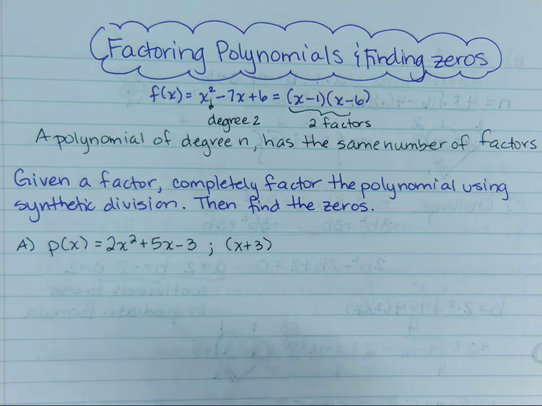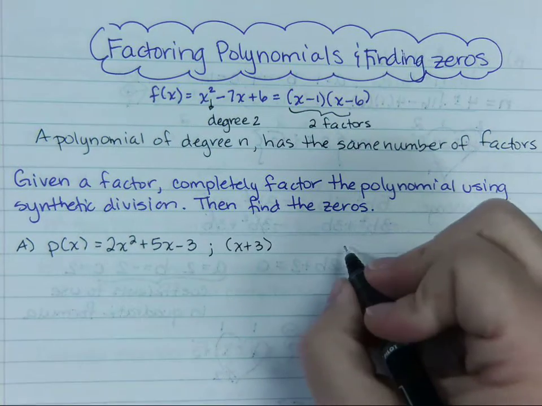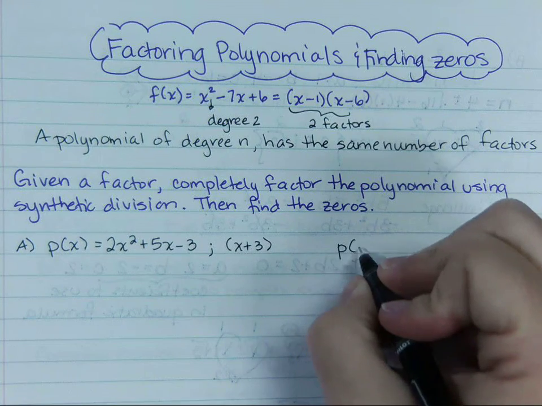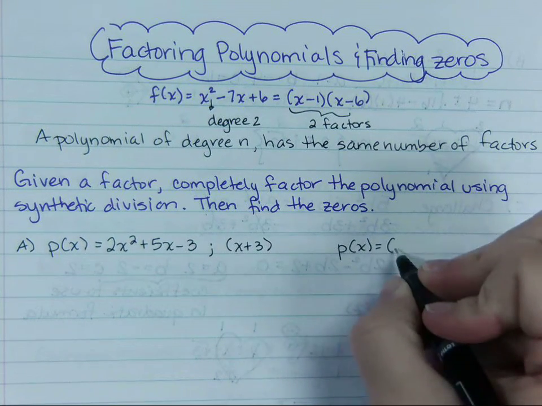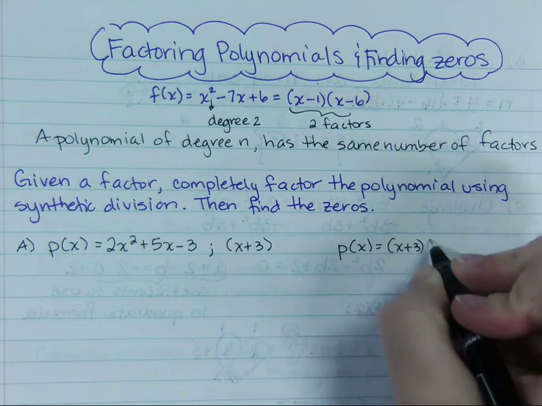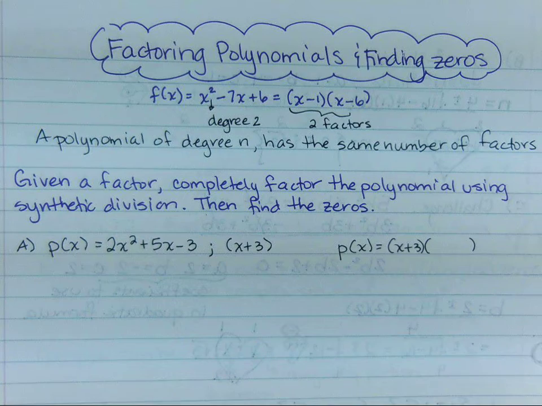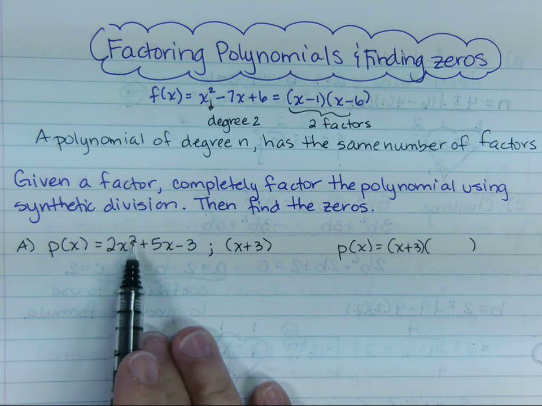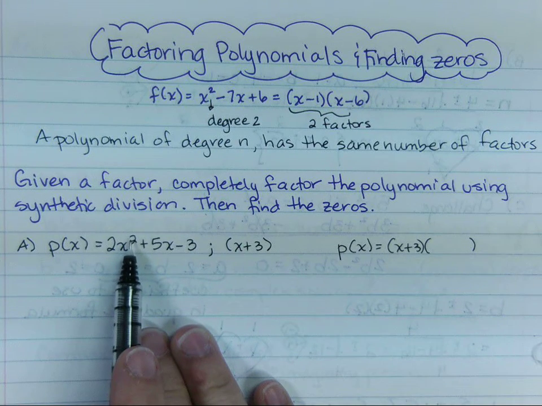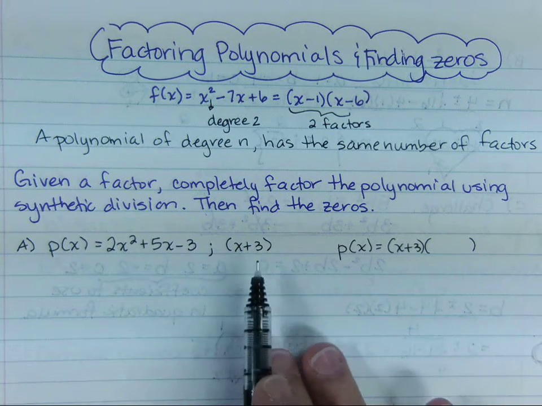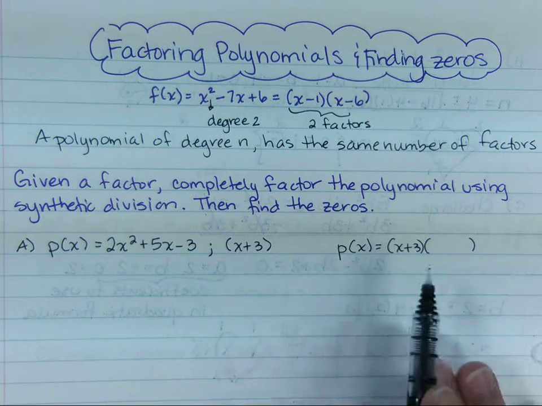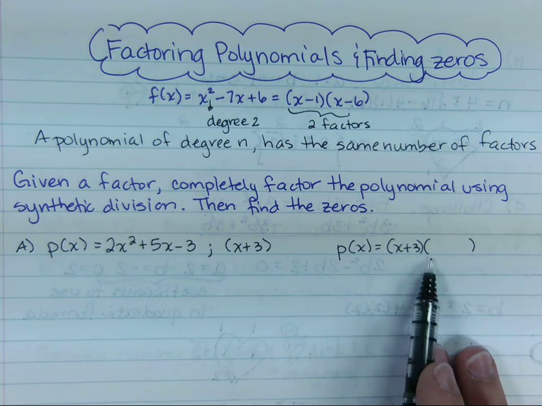So when I'm trying to completely factor my polynomial, it is going to be x plus 3 times another polynomial that I need to find. Because this is a second degree polynomial, I'm only going to have 2 factors. They gave me one of them, and I have to do some synthetic division to find the other.